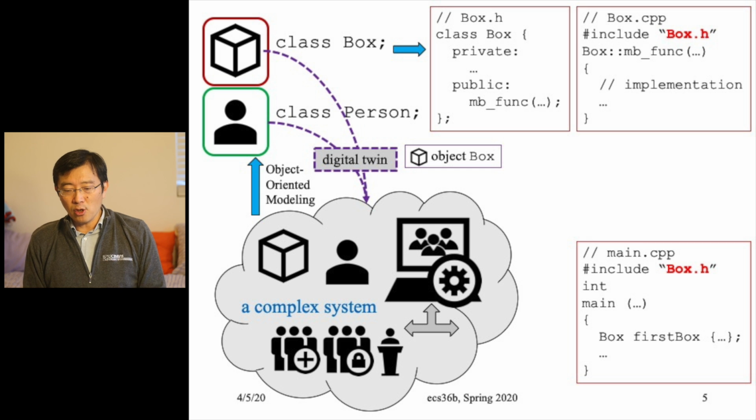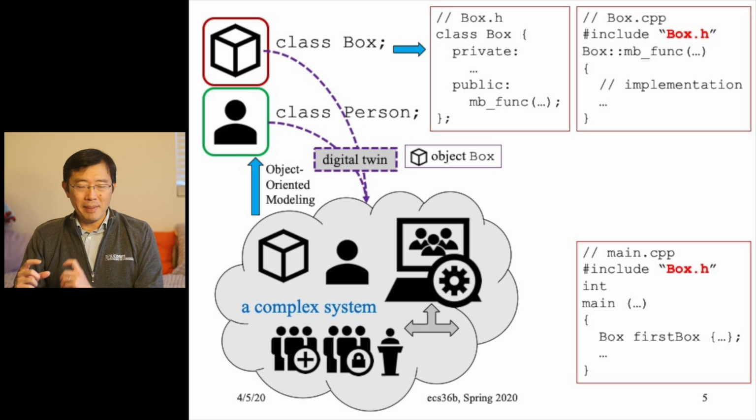And because you use that definition of box, you can see that the first line of main.cpp, you also include box.h. So essentially, both box.cpp and main.cpp, they both have this line of include box.h. They both include the definition of class box, but the purpose is different.